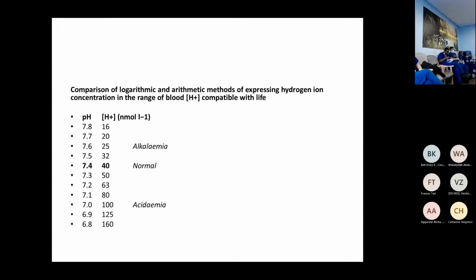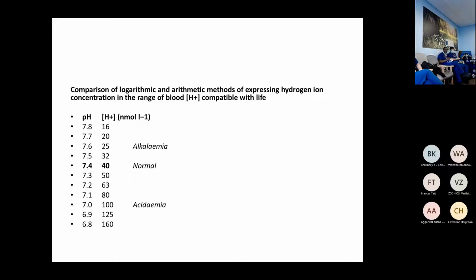I don't think I need to see anyone with an alkalemia of 7.8. But there you'd have a hydrogen concentration of 16, normal being 40. And then some of the DKAs we see come in, in theory, have hydrogen ion concentrations of 160. So this is a huge tenfold change in hydrogen ion concentration.